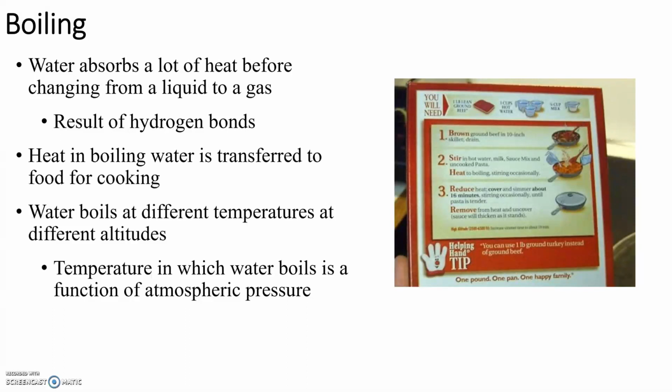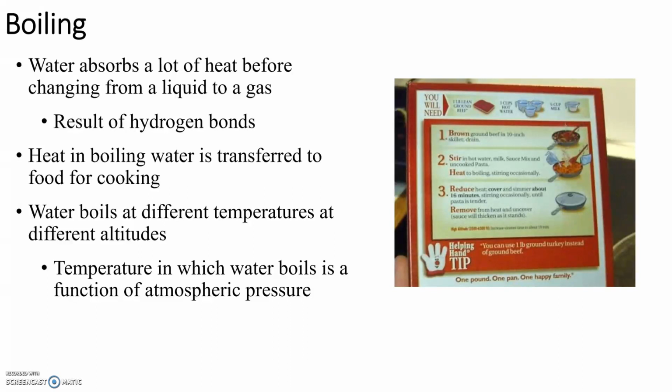One thing we do need to be aware of when you are boiling as your method of cooking is that the temperature at which water boils changes with altitude. So if you're living in a place that has high altitude, Colorado, for example, water is going to boil at a lower temperature. The pressure above that water is lower, which results in the water boiling at a lower temperature, so that water is not as hot.